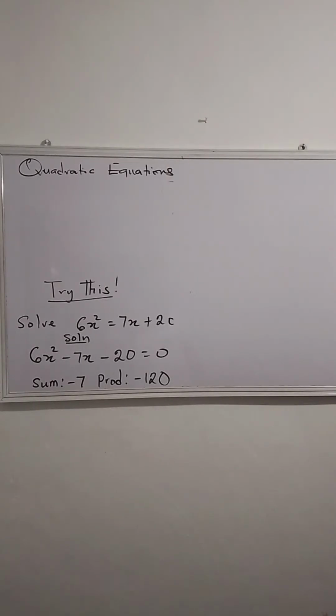Is there anybody dropping? Anyone? Okay, I can see the very good one. Somebody said, okay, I got there, we have 8 and minus 15. Yes, another person.